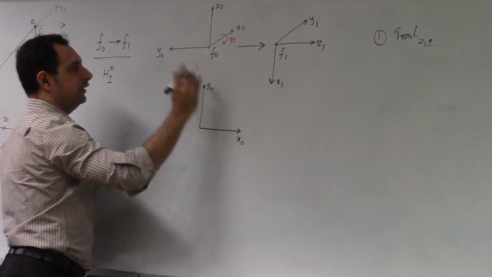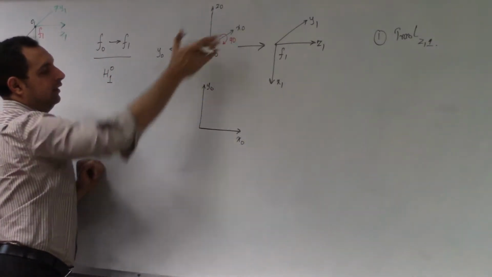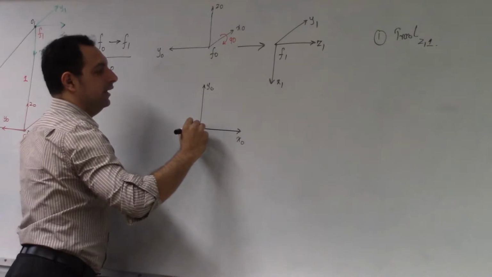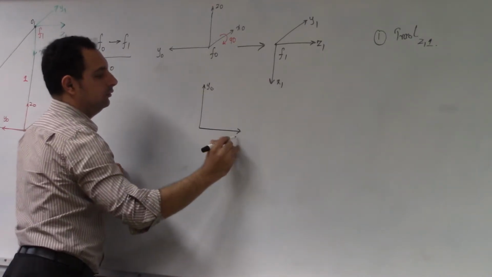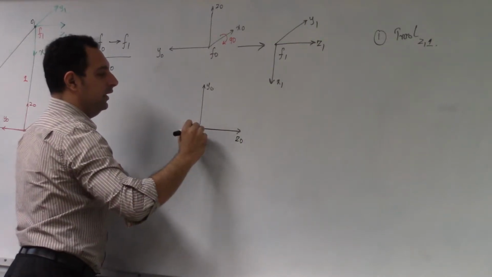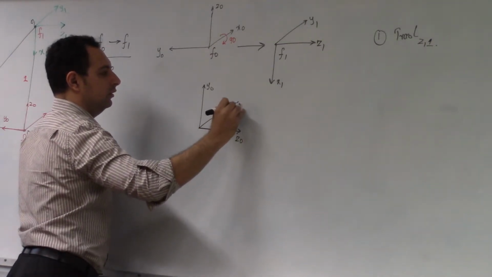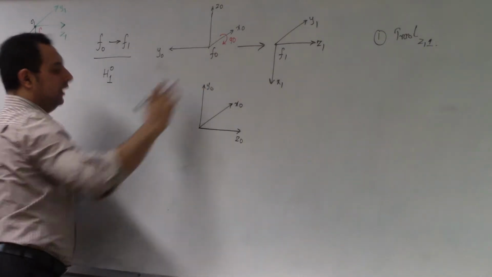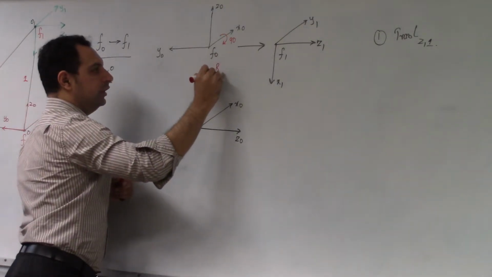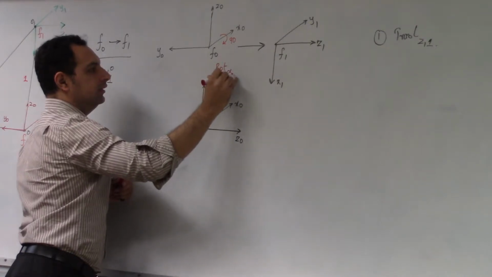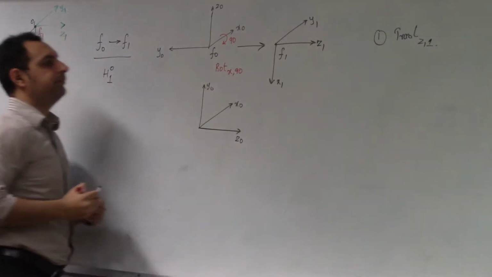Y naught will go like this because you have flipped the axis like that, and this will remain as it is. I'm sorry, Z. And this will be X naught. So what I have done here is, my first rotation was rotate X by 90.